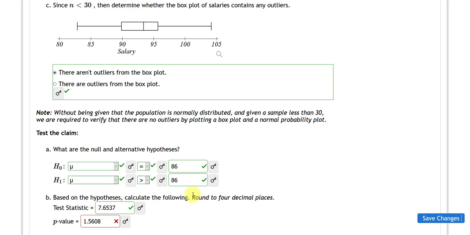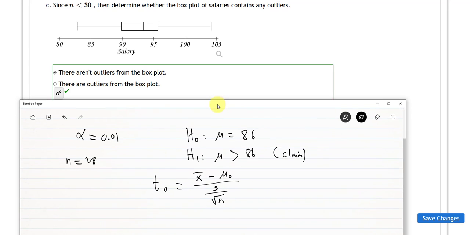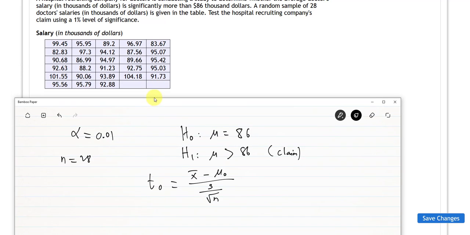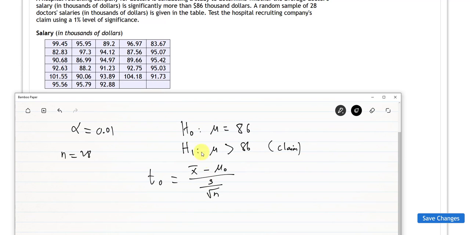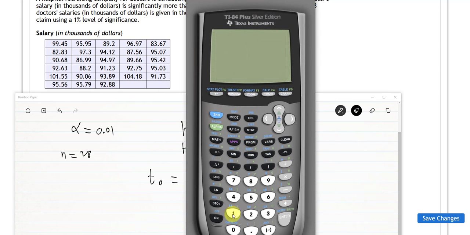And then go back to our data. The x bar is the sample mean of all the doctors' salaries. We can find the sample mean, and we can also find the sample standard deviation, small s, of the data by using the graphing TI-84 calculator.